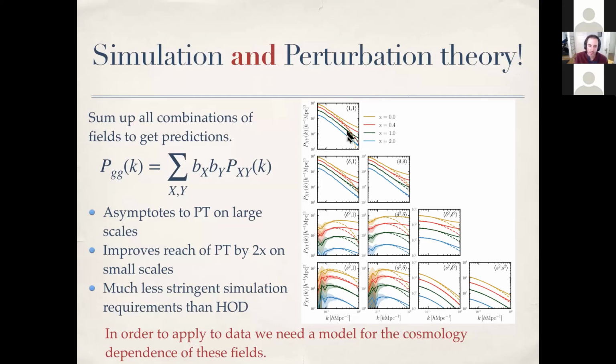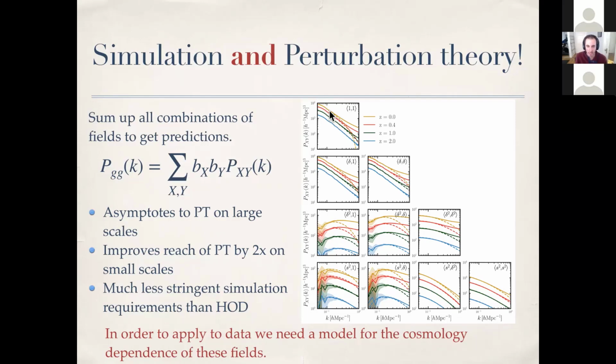So the two things that you should notice here are, so first I'll say the actual predictions that we get for our galaxy power spectra are just sums over these different component spectra, we call them, weighted by some bias factors. And so what you'll notice about these component spectra is that on large scales, they agree perfectly with the perturbation theory predictions.